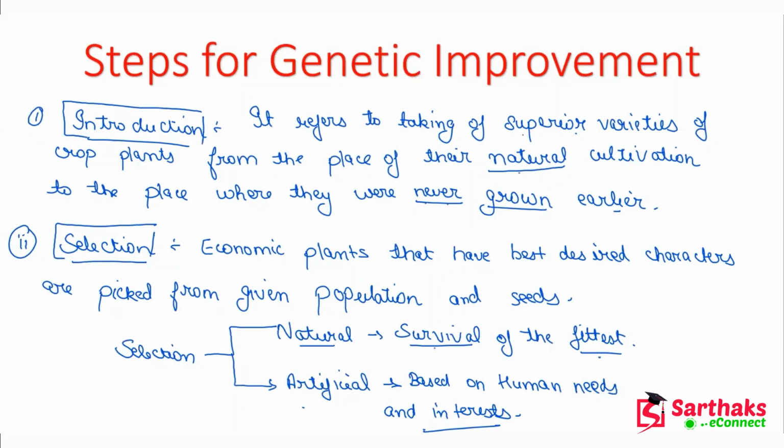Now the next topic and the next process is hybridization. It is a step in the genetic improvement, and we are going to study how we can improve the genes of a crop plant by hybridization.